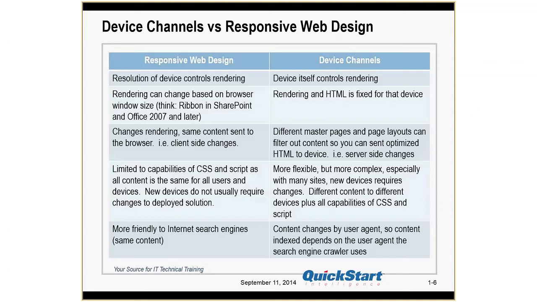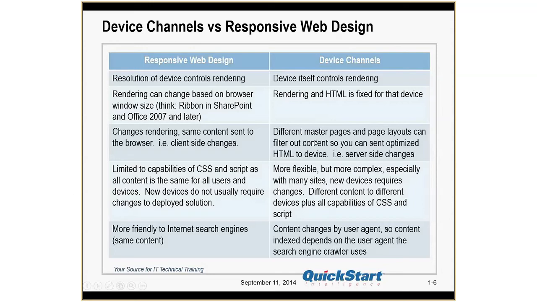It'll start combining items into flyout menus that you click on, and then you get another menu. That's one example of responsive web design. In device channels, the rendering in the HTML is fixed for that device, regardless of the size of the browser window. So they're different in that way.